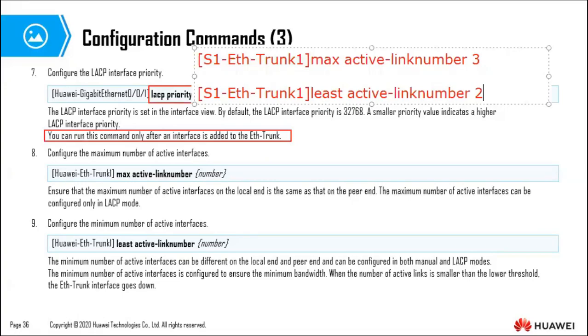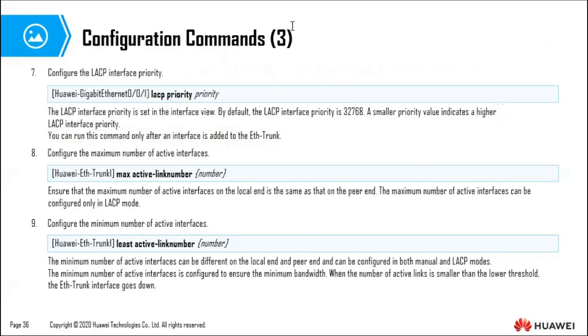So all links will be inactive. They can't forward data. Are we together? If you enter 3, if the active interfaces go below 3, the entire Ethernet trunk is turned down. So that is what that is used for.